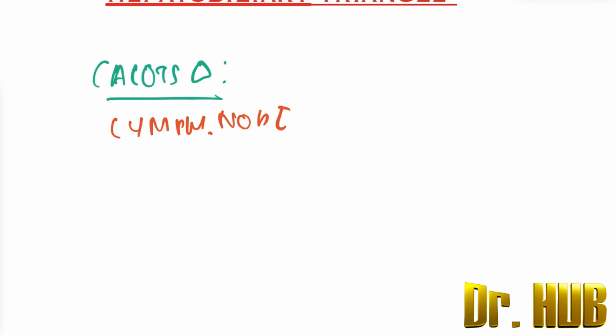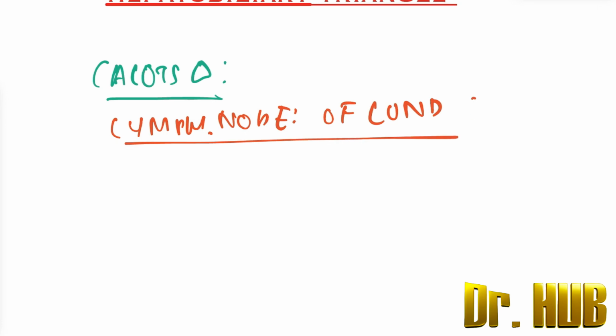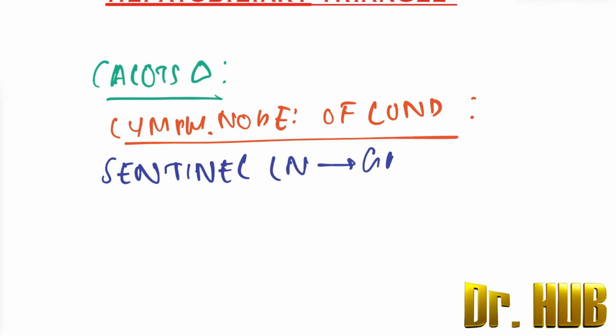There is the presence of the lymph node of Lund. This is the sentinel lymph node of the gallbladder.